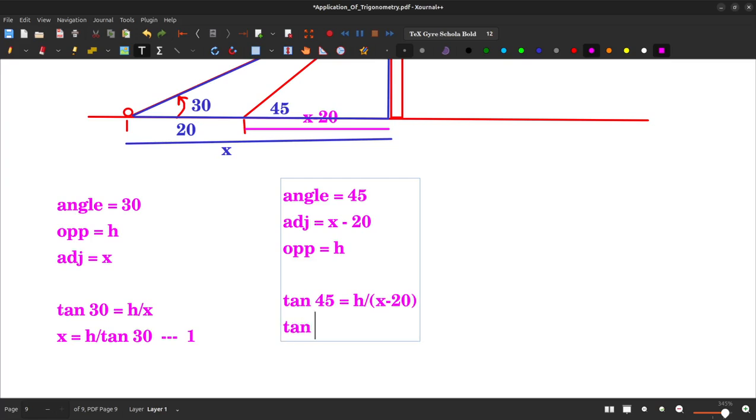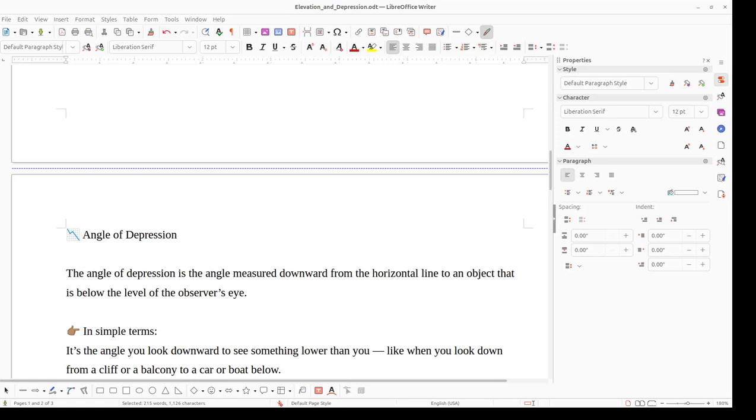You are going to get that tan 45 is equal to h over x, which is h over tan 30, then this is minus 20. Let me take this to a friendly working space so that we can deal with this.